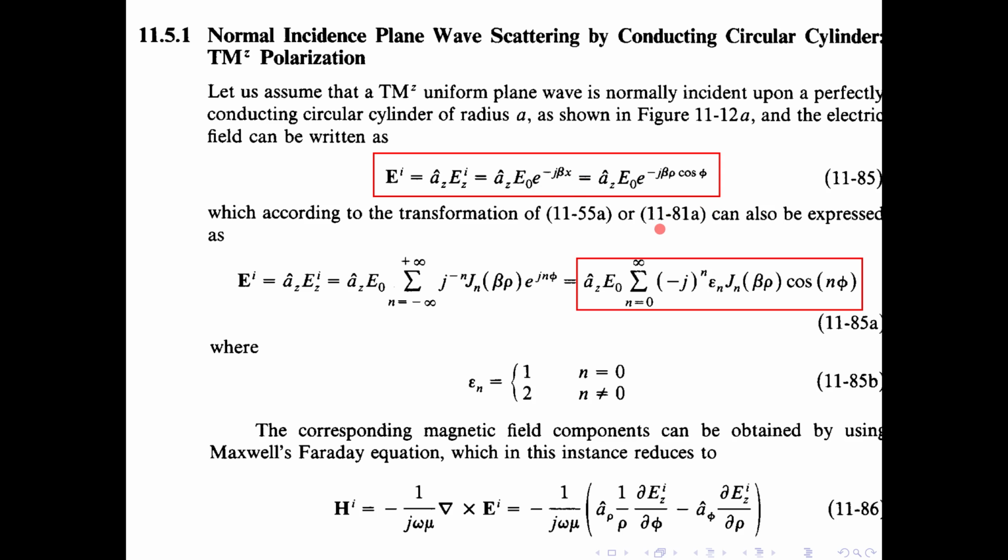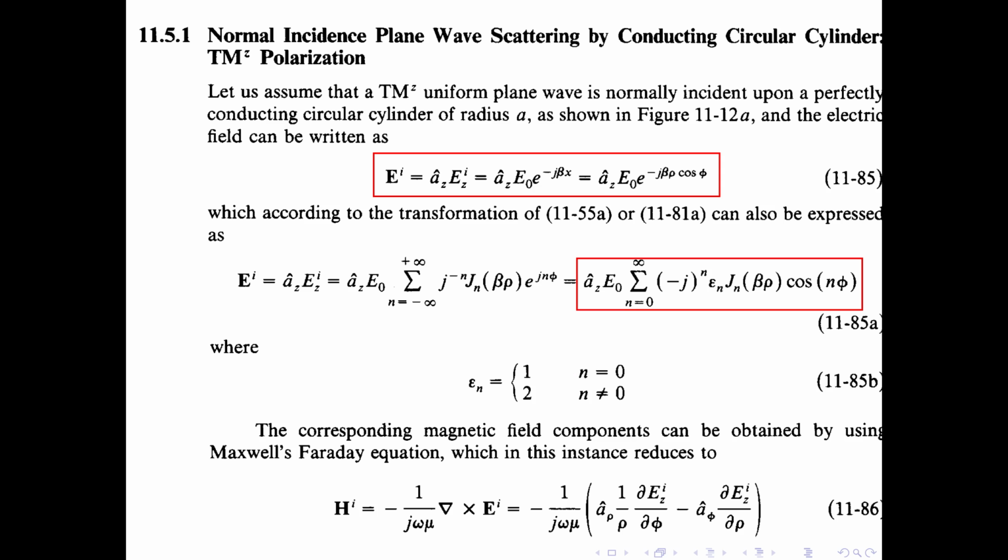And now we use the wave transformation to express this exponential as a summation of Bessel functions, which are cylindrical wave functions, and we get this. This is one of the wave transformations that I presented in the previous class.